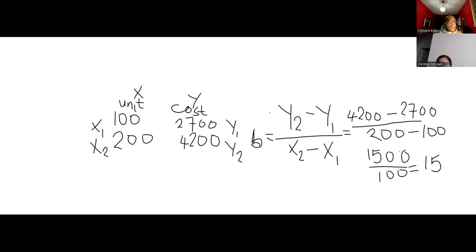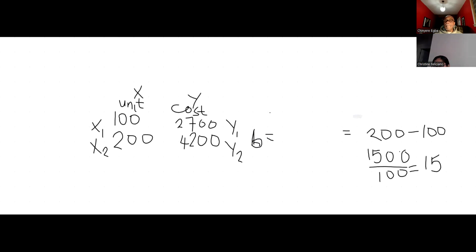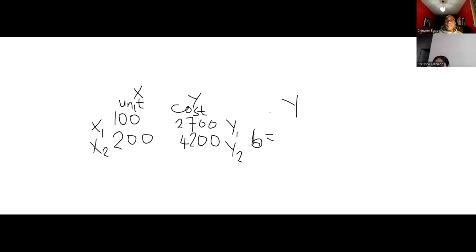Okay. So now let us find A. Because we are beginning from the idea that Y is equal to A plus B times X. That is what we're beginning from.